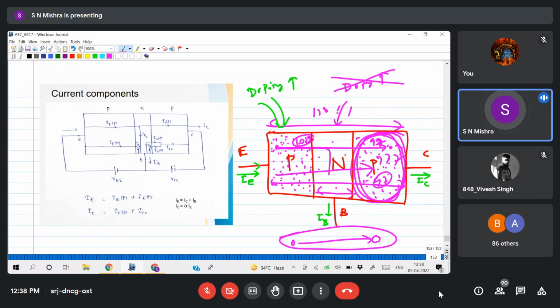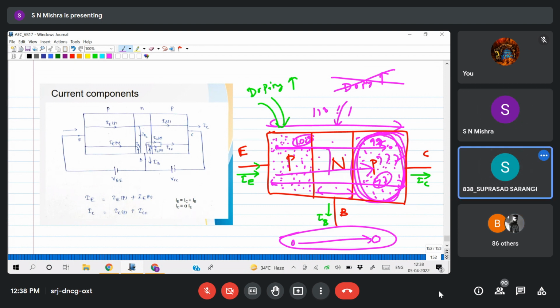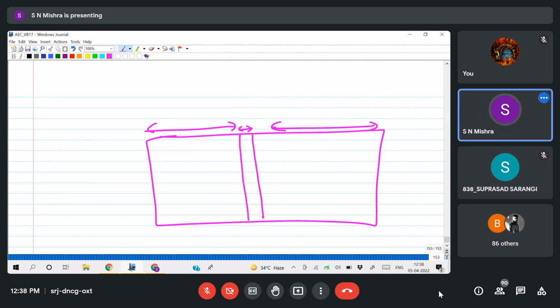Sir, could you explain again, sir? This one. Yes, sir. Collector part, sir. Collector part. See, holes are coming from here to here. So intentionally, the thickness of base is very narrow and doping is less. So this hole, suppose I'm sending 5 holes, it is coming to the collector.